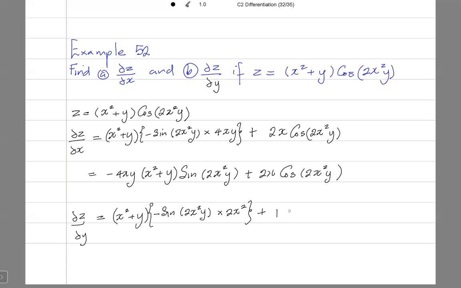The second part is cos 2x squared y. And so putting up my answer, I would get minus 2x squared times x squared plus y, times the sine of 2x squared y, plus the cosine of 2x squared y.